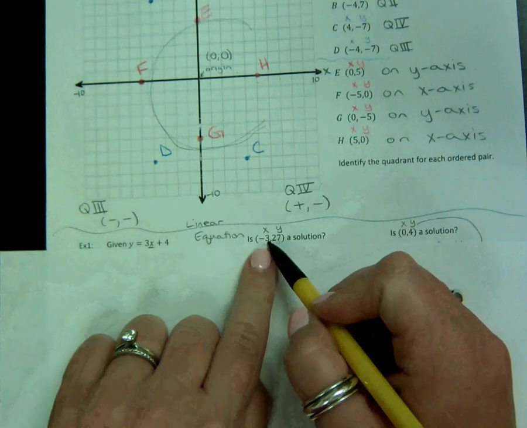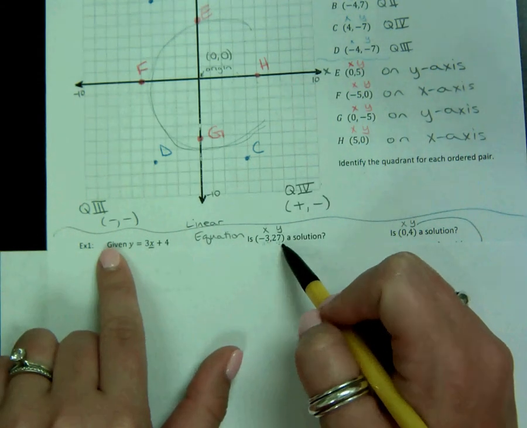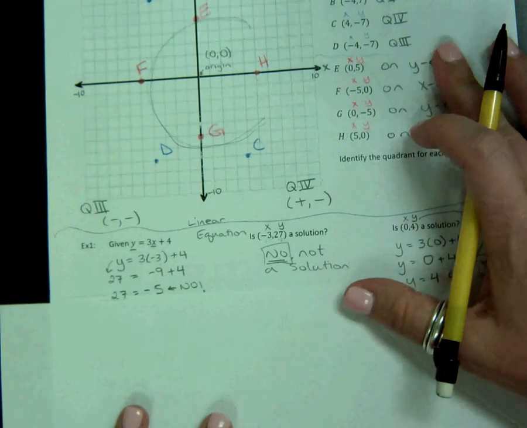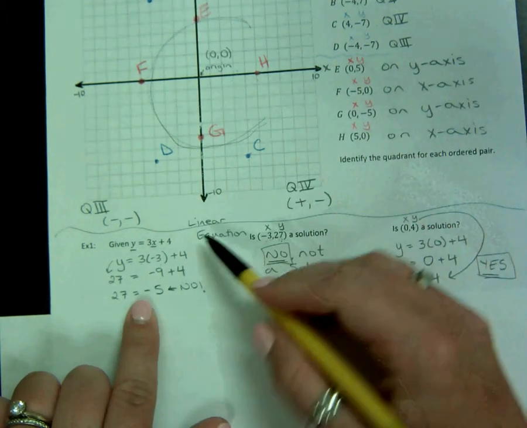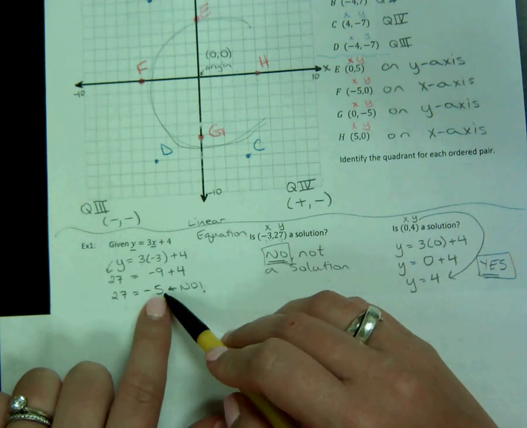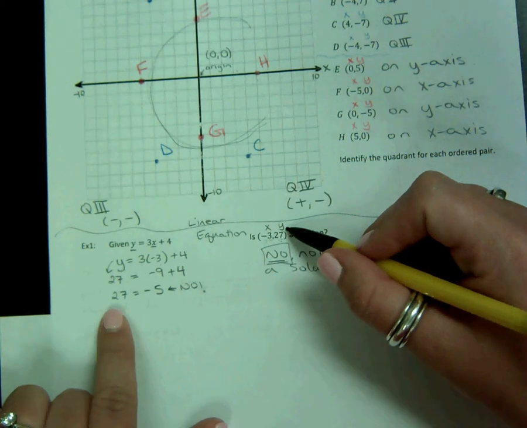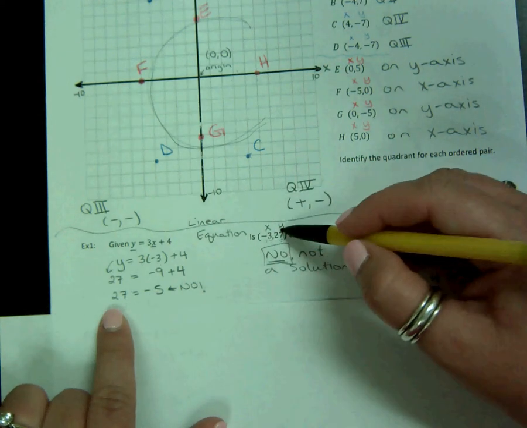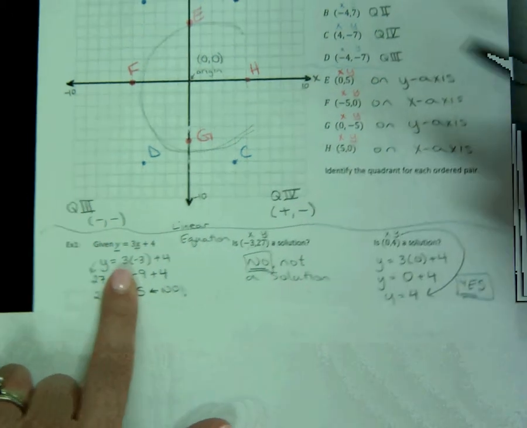So I'm going to plug in negative 3 for X, and I'm going to see what I get for Y. So if you look at my work here in the previous video, you'll see that I plugged in negative 3 for X. I worked it out, and it worked out to negative 5, not 27. And so this ordered pair negative 3, 27 is not a solution for this specific equation.